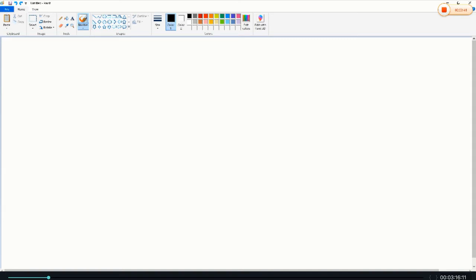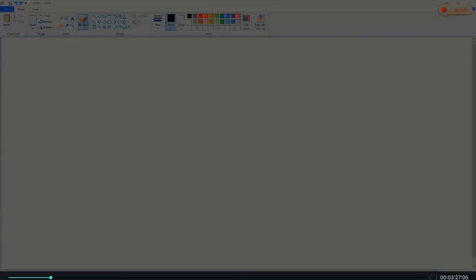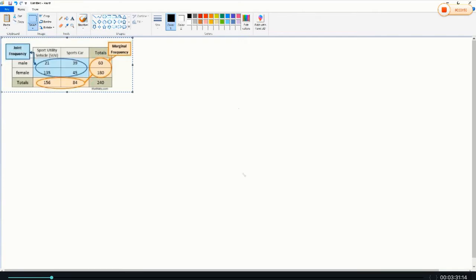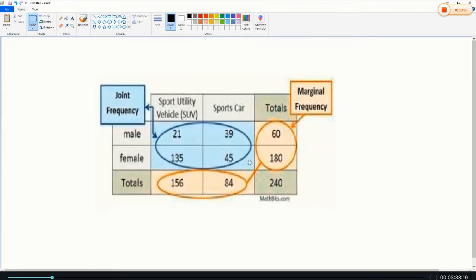statistics for the two categorical variables. So the next image you see will be a two-way table, but this will help you understand what marginal frequency is, which will be the next topic that we're talking about. And you see right here, marginal frequency is the relative frequency of all the people in a certain category.